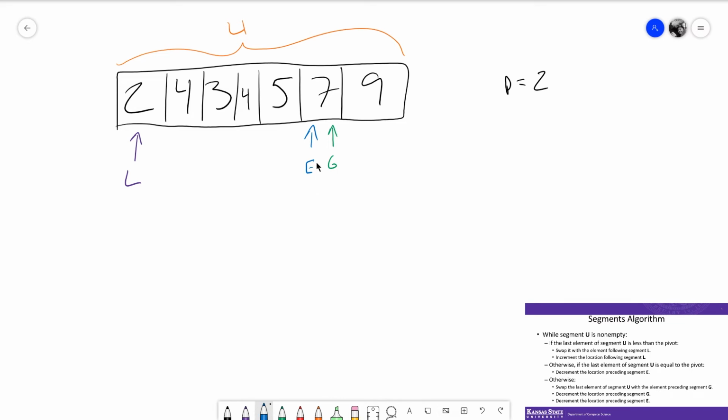E still has no elements, but 9 is now in segment G.